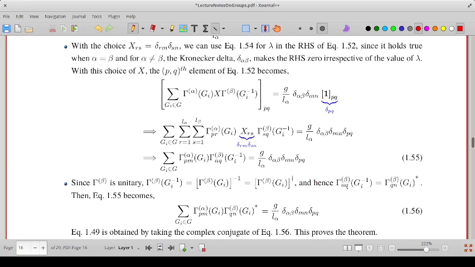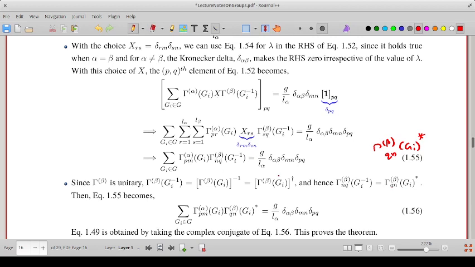And if I take the nqth element of that, then we will have the corresponding element of this quantity. So that is gamma beta Gi dagger and the nqth element of that. But then that is equal to the complex conjugate of the qnth element. So we may write this as gamma beta qn of Gi, the whole star.